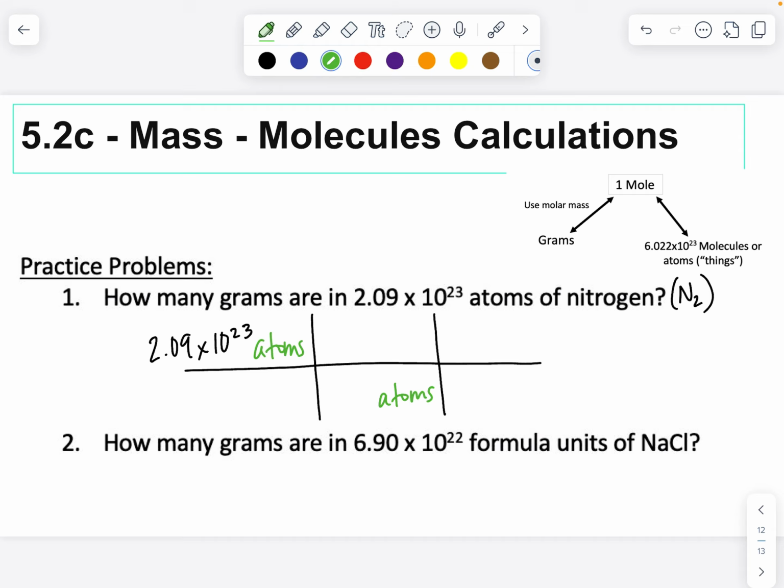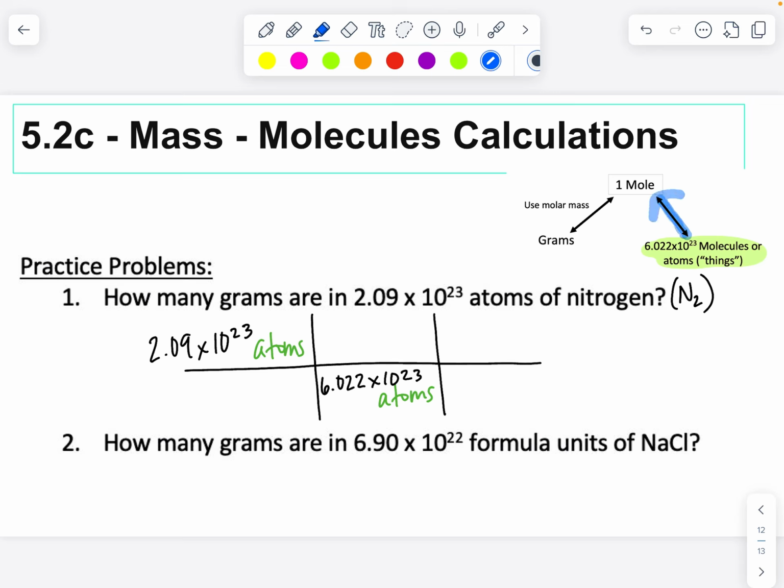You can use your cards if you would like. So we are right here with atoms. What number always goes in front of atoms? It's the 6.022 times 10 to the 23rd. Now this is where my map comes in, because my map is going to tell me where to go next. If I'm at atoms, I know that I have to go to moles next.